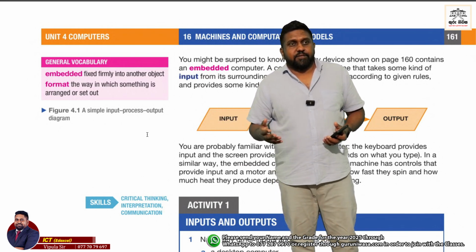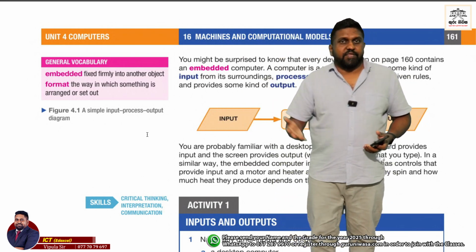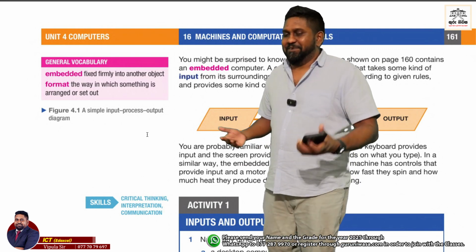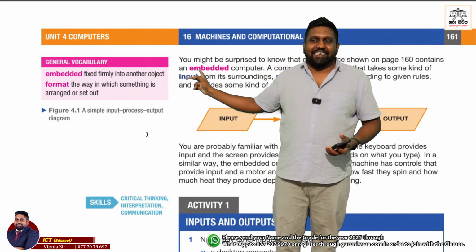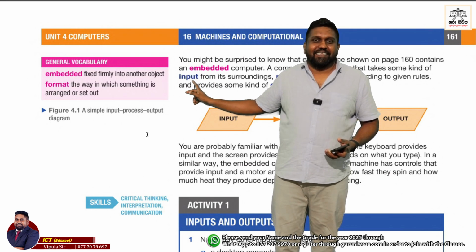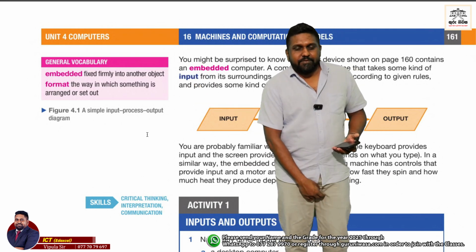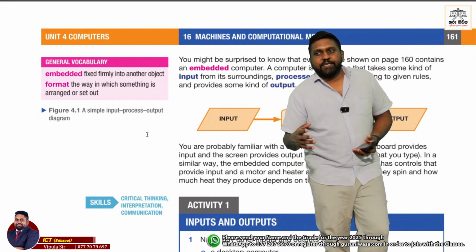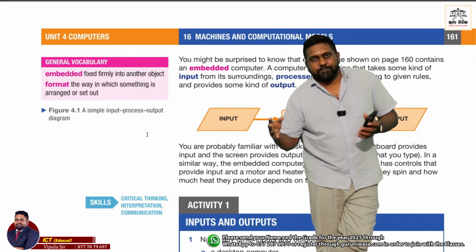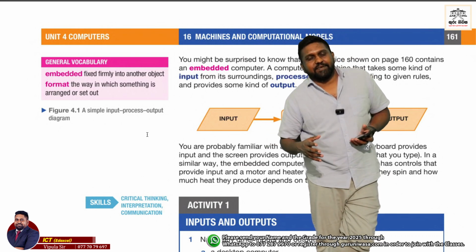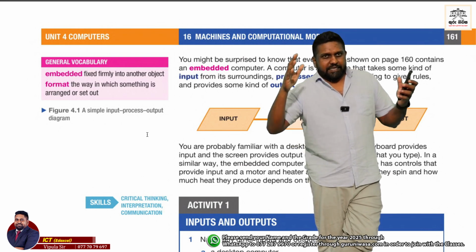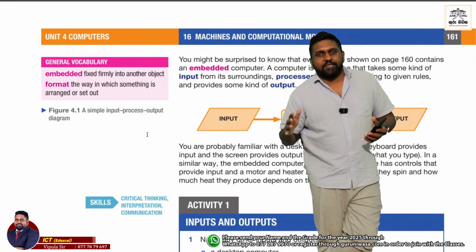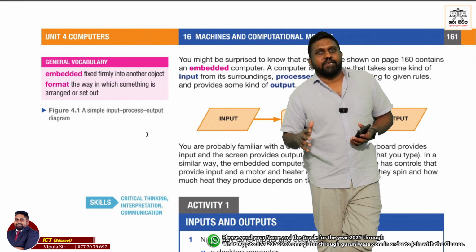The car stereo, or the setup, or the radio of the car, has an embedded computer. Embedded means that computer is there in the system just to process a certain set of activities, right? So in the sense, it's a different device which performs a different activity.